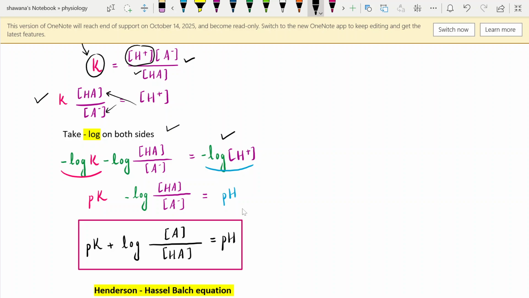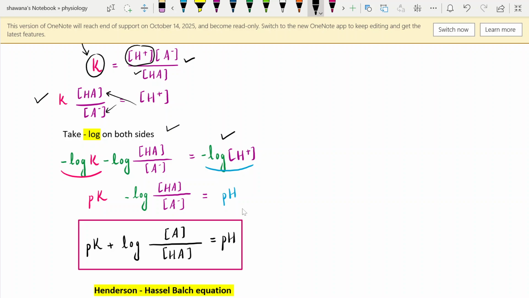So in place of negative log of hydrogen ion concentration, we can simply write pH. And from negative log of K, we get the pK, minus log HA by A negative is equal to pH.